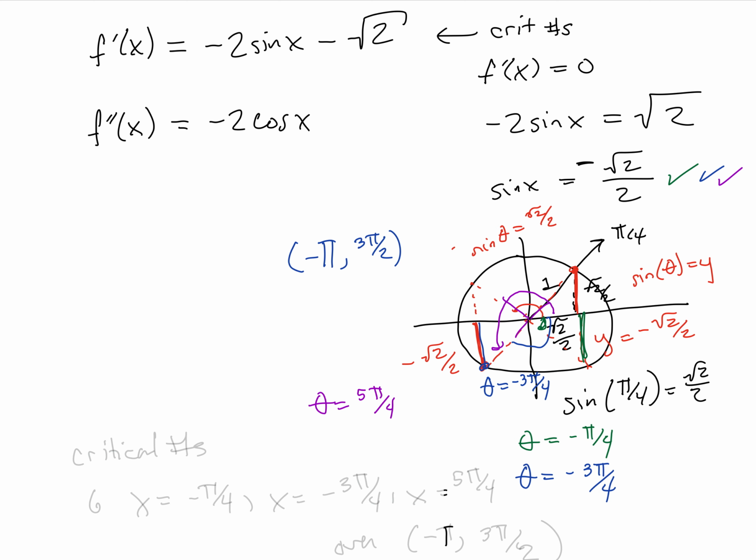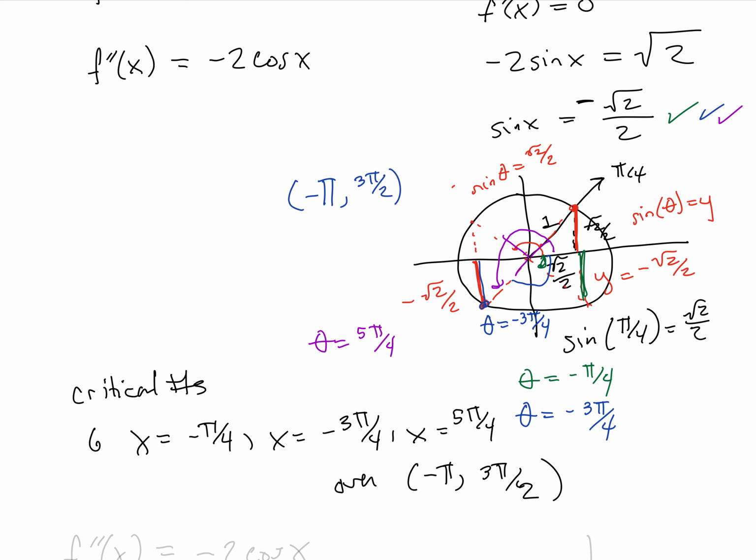So we have three critical numbers. Our critical numbers are x equals negative pi over 4, x equals negative 3 pi over 4, and x equals positive 5 pi over 4. Those are the three critical values we have over the interval from negative pi up to 3 pi over 2.